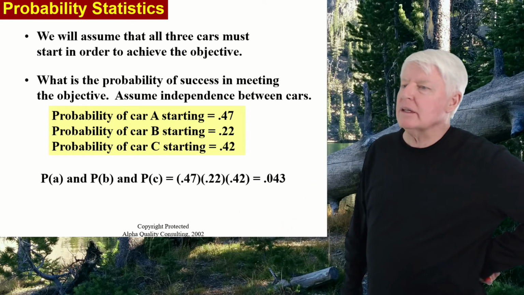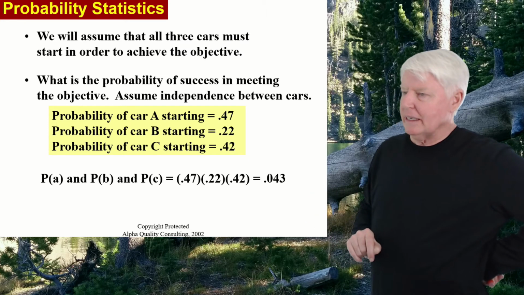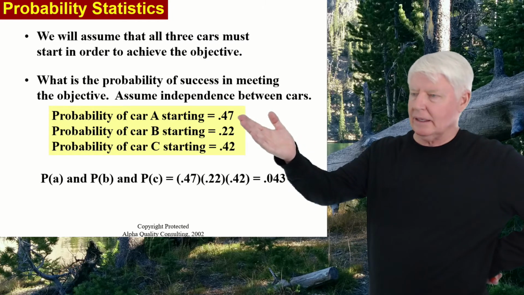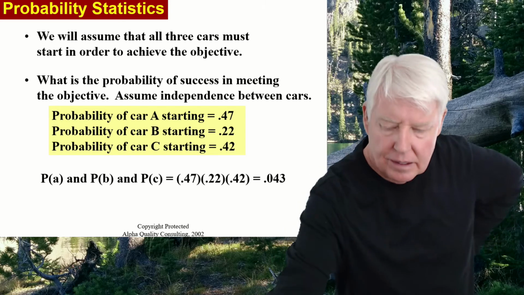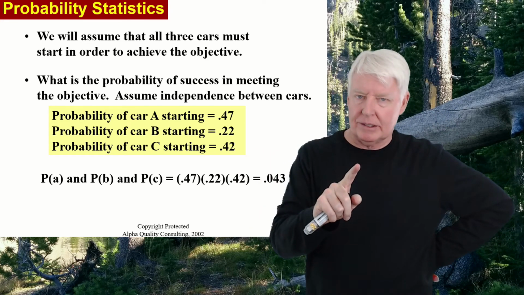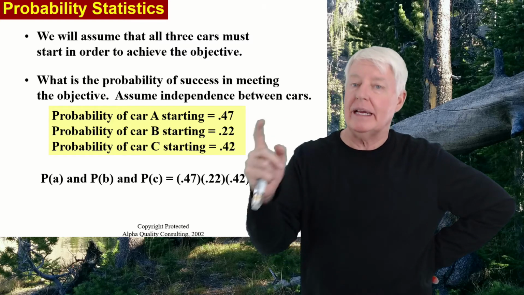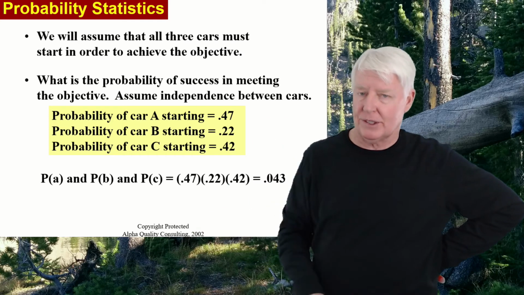I know a lot of people that listen to my videos are manufacturing and reliability engineers, etc. And this is also like your spec limits. To get a good part, you need spec limit 1 to be met, and spec limit 2 to be met, and spec limit 3, and spec limit 4. This is how you get your overall probability of success.